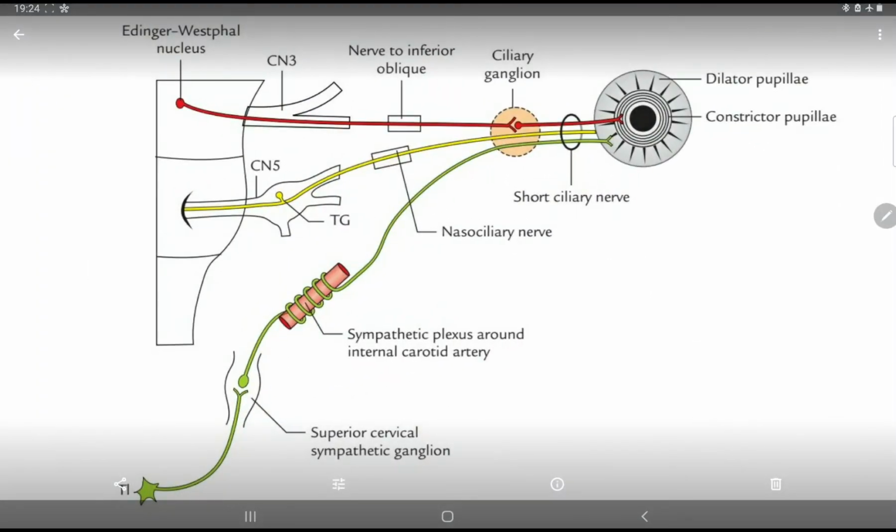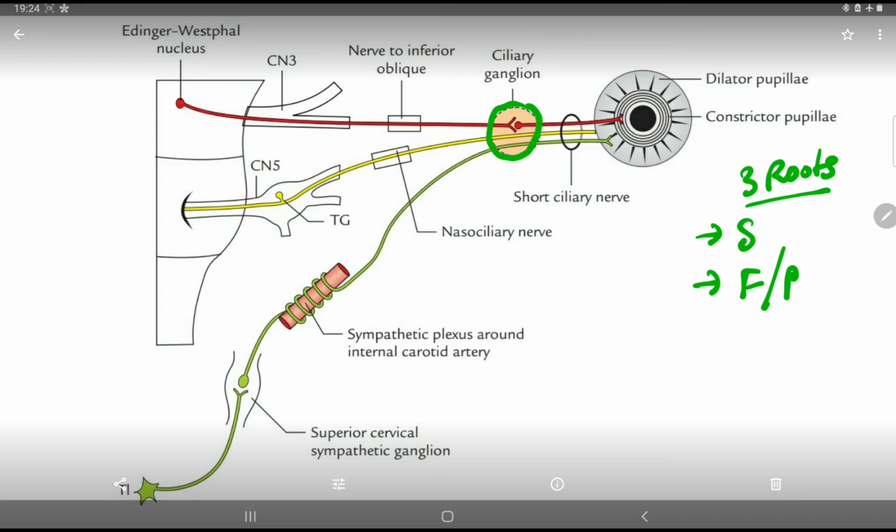Now let's talk about the course and pathway of the ciliary ganglion. In this diagram you can see this is the ciliary ganglion. The ciliary ganglion has three roots: one sensory root, one parasympathetic motor root, and one sympathetic root.